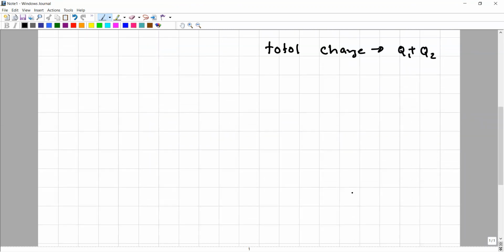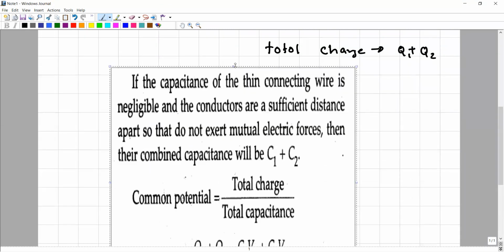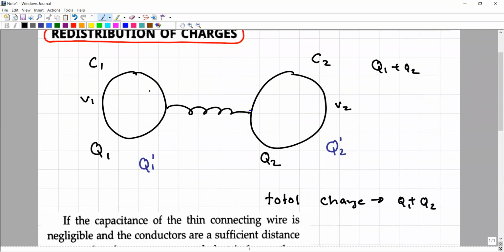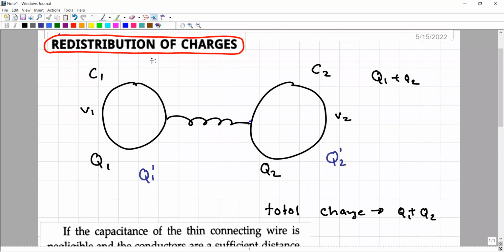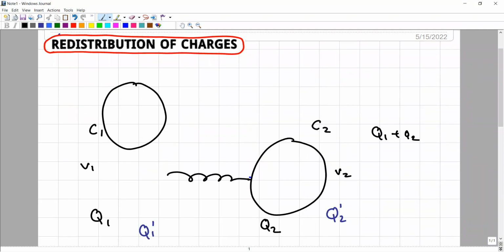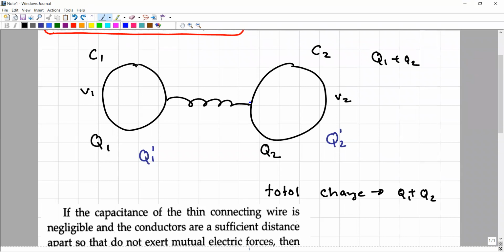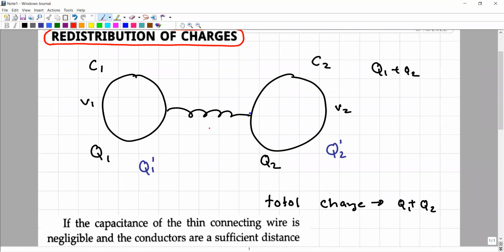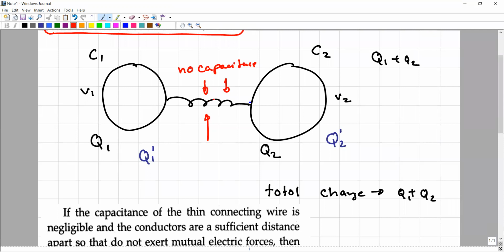What will happen to the capacitance? Now, we first have to understand the capacitance of the whole system. This is our whole system. The capacitance of the whole system will be C1 plus C2. See why C1 plus C2. First, we are considering that this conducting wire has no capacitance. We are assuming it.